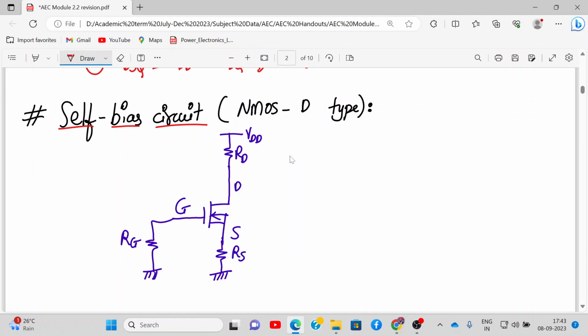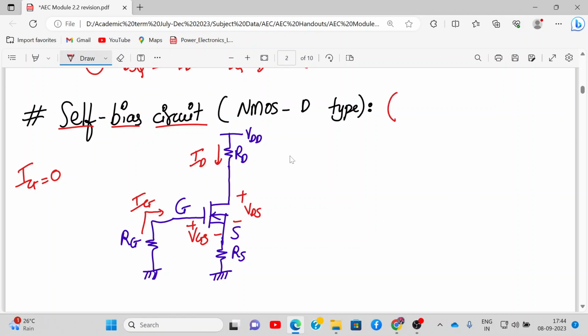Now over here I'll mark certain things. This is VGS. Current over here is ID. Here this is VDS. And here IG is flowing but it's 0. We know it's 0. Why is it 0? You write it down. Ready?